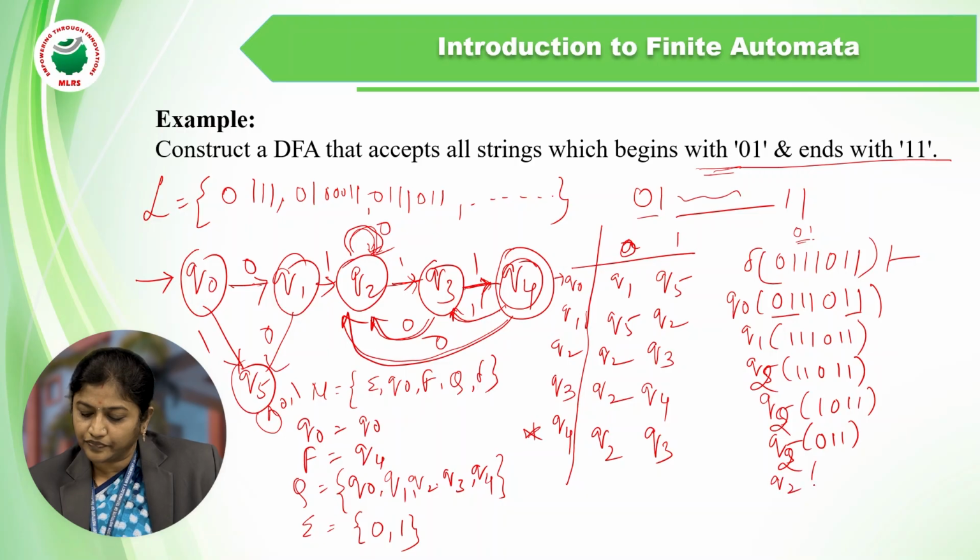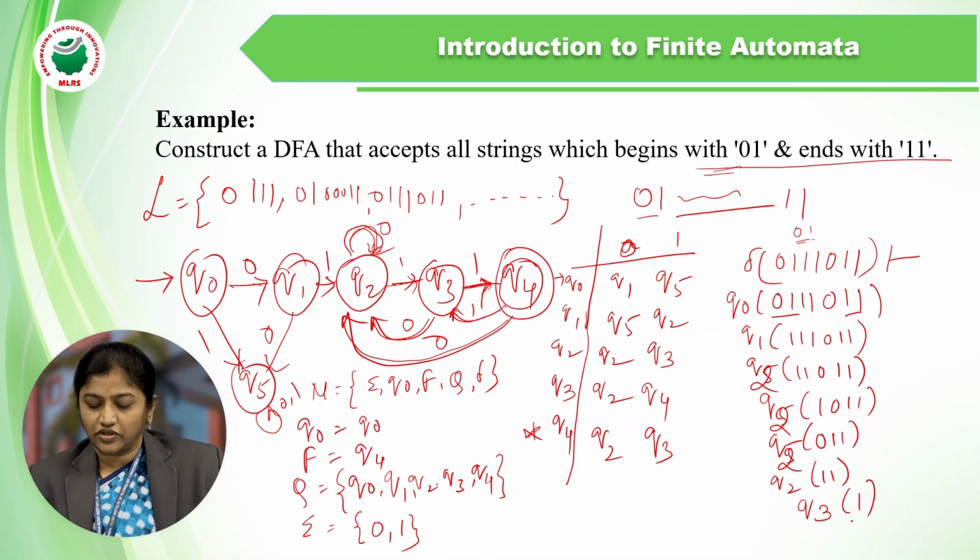Q2. Q2 on 1 is Q3. Q3 on 1 is Q4, which is the final state.